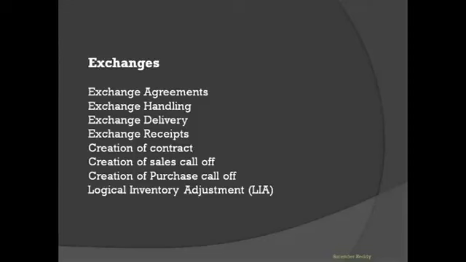But in the second scenario, borrow and loan, we don't settle the value of the material in terms of currency. We are exchanging the product. We are borrowing and we are returning it back. We are not settling in terms of currency. But the taxes, handling fee, transportation fees, these things we will settle in terms of currency in the second scenario. That is the borrow and loan scenario.